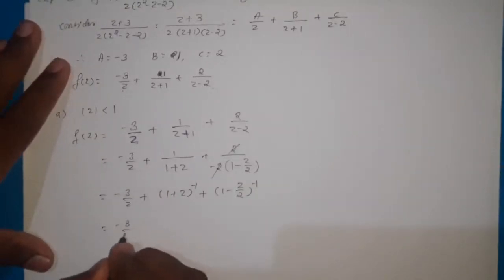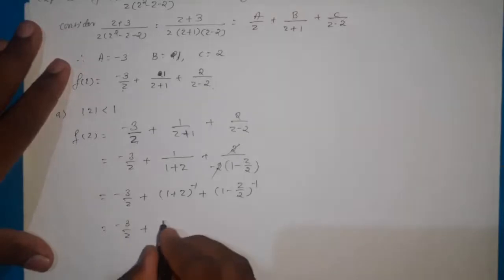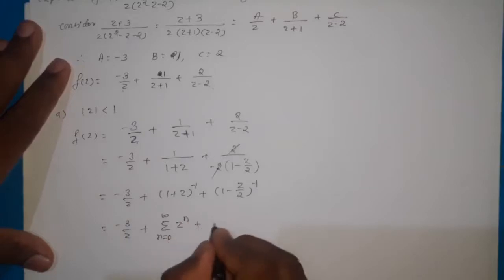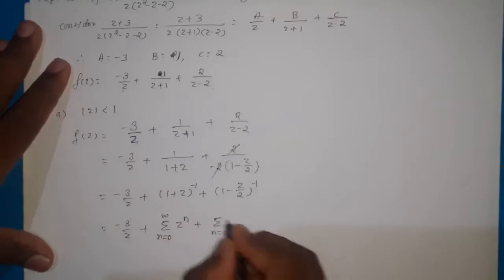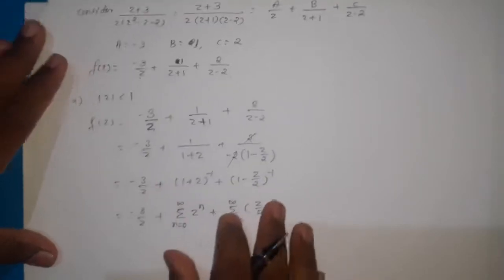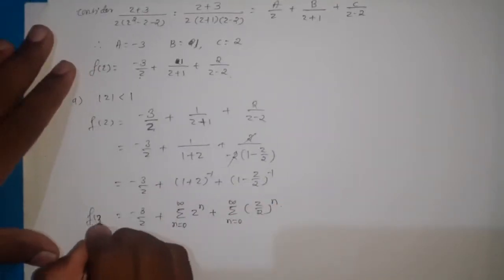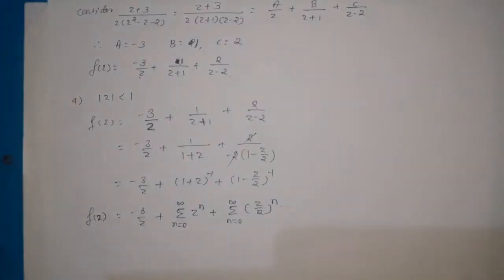By using the summation form it is summation over n equal to 0 to infinity z power n plus summation over n equal to 0 to infinity z by 2 whole power n. That is the expansion of the function in the first region.